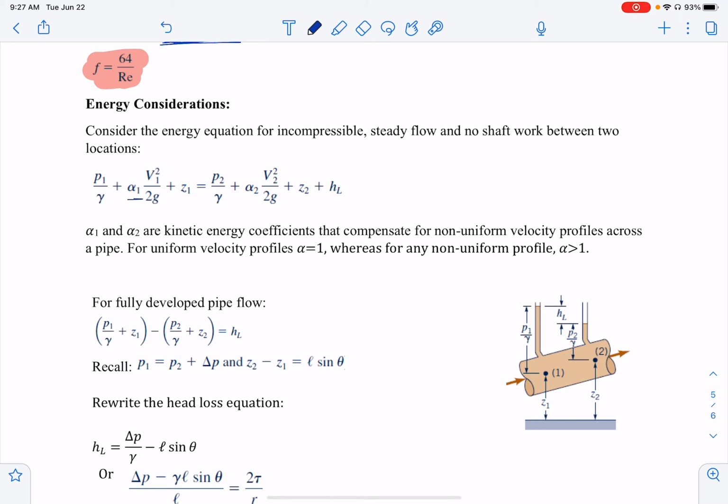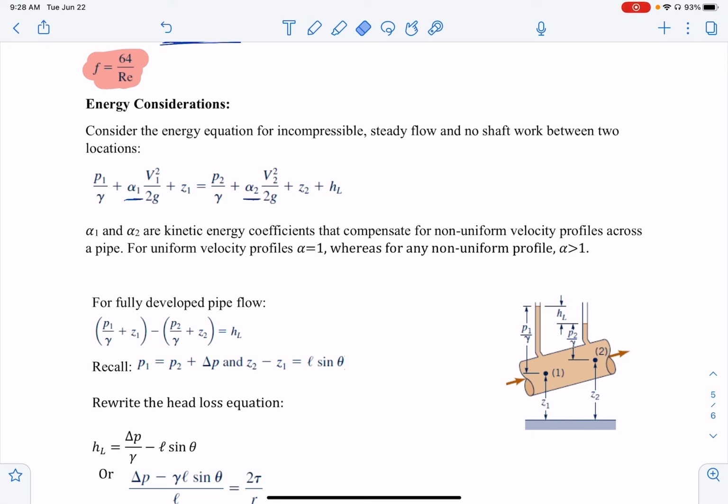You can see that there is alpha 1 here and alpha 2 here. You've never seen it in the energy equation that we used before, but it actually should be there. We just neglected it and said that these are equal to 1 because we used inviscid flow.